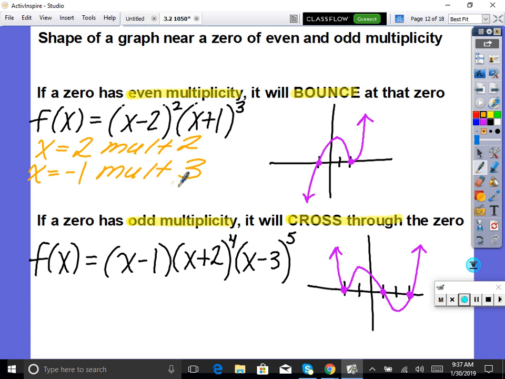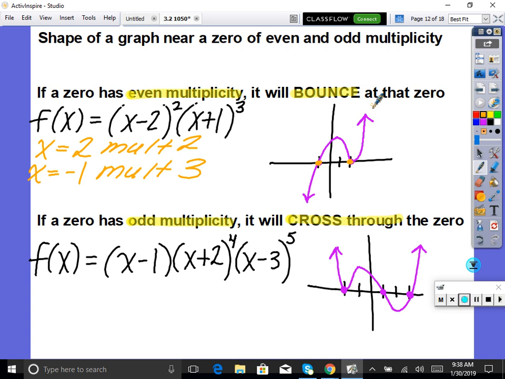This one has odd multiplicity, so it'll cross through. Let's look at our graph here. There's -1, there's 2. Now at -1, since it was odd multiplicity, it came up and crossed through. Do you guys see? Then at 2, what happened? It bounced back up. Even multiplicities bounce, odd multiplicities cross through.